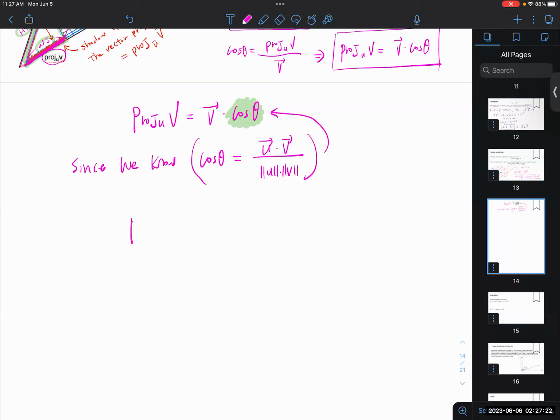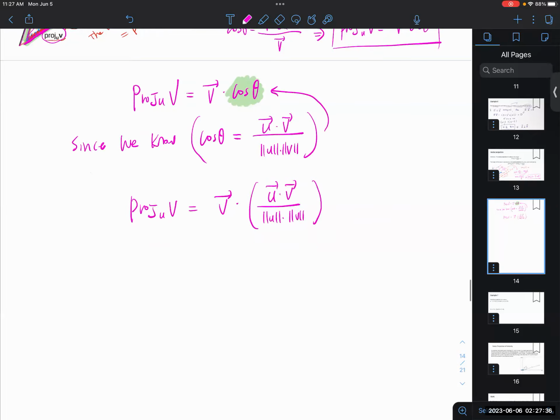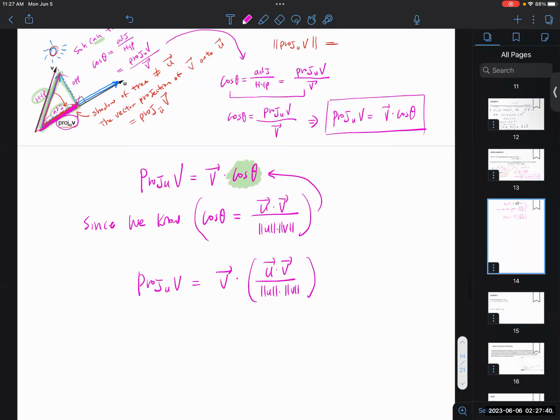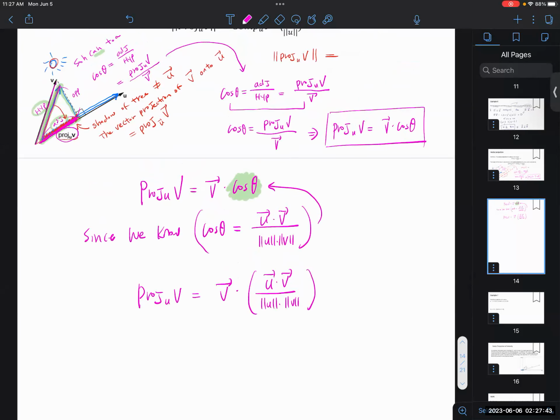Therefore, the projection equals the v vector times the u vector dot v vector over the u magnitude times the v magnitude. Now the v vector, actually, this is the hypotenuse, the length, so I can put the magnitude. I forgot the magnitude sign here, because the hypotenuse is a length.